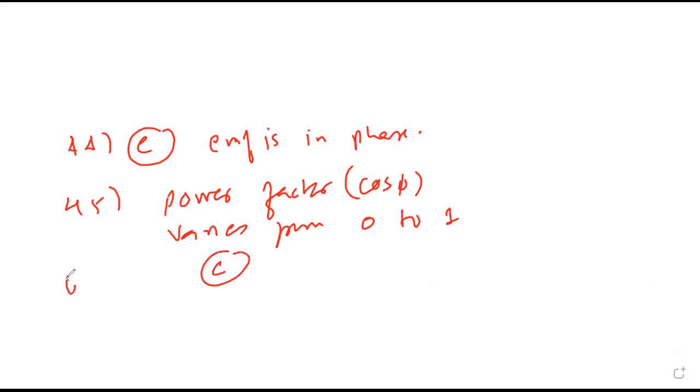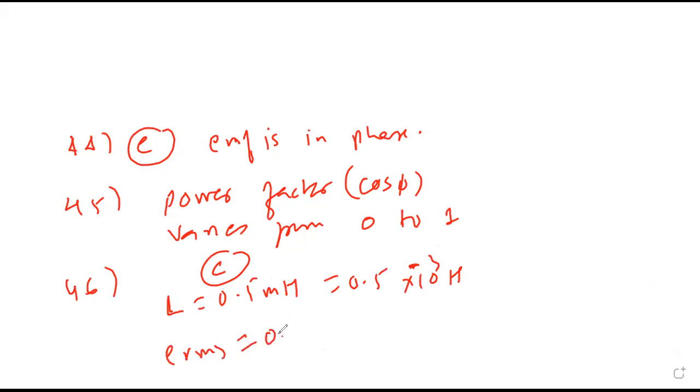Cos phi minimum value is 0, maximum is 1. A coil has inductance 0.5 millihenry, that is 0.5 into 10 raised to minus 3 Henry, connected to an AC source of RMS value 0.462 volt. If frequency is 49, then what is the reactance of the coil?